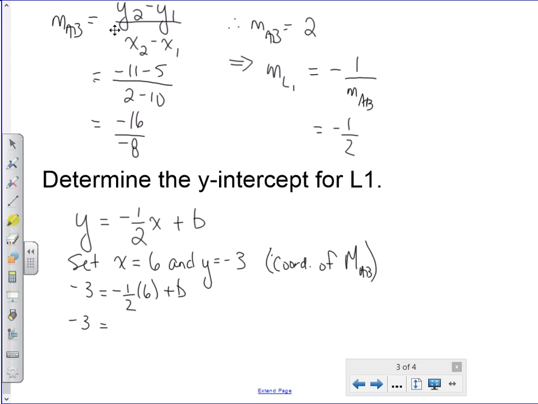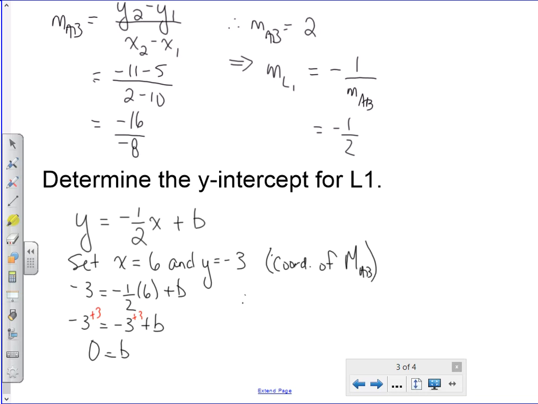So in goes minus 3, we'll take the negative half of 6 and we'll solve for b. So let's see here. Half of 6 is 3, so minus 3. Well, this is going to work out great because when we balance that, we'll need to add 3 on each side. And what we can see is that 0, in fact, happens to be the value of the y-intercept. Okay?